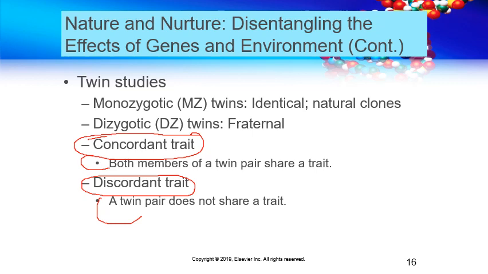So when they talk about studies with these twins, usually you're wanting to compare the monozygotic twins to the dizygotic twins, or the identical to the fraternal twins, which is easier to see.